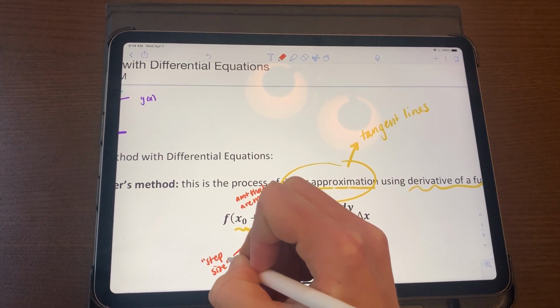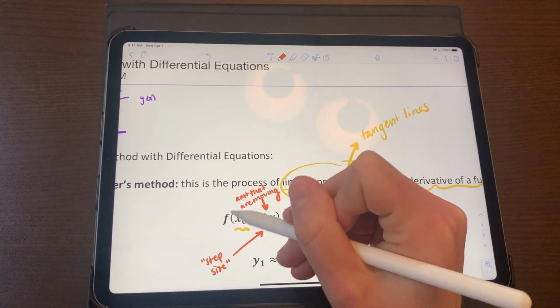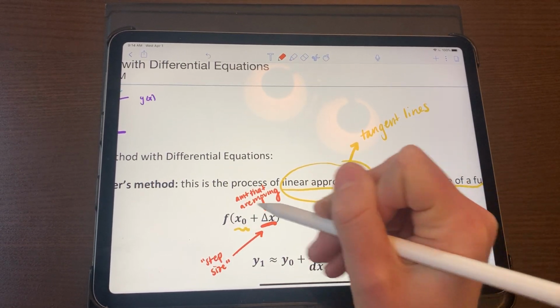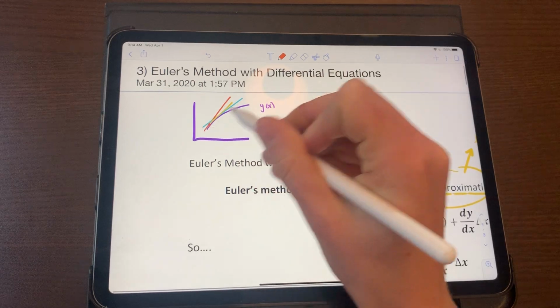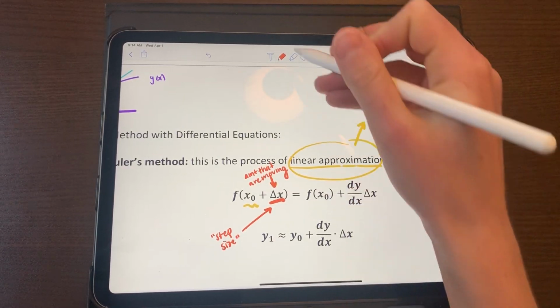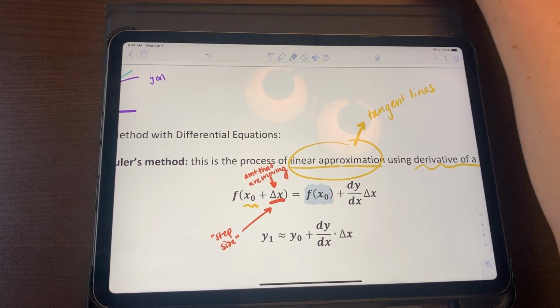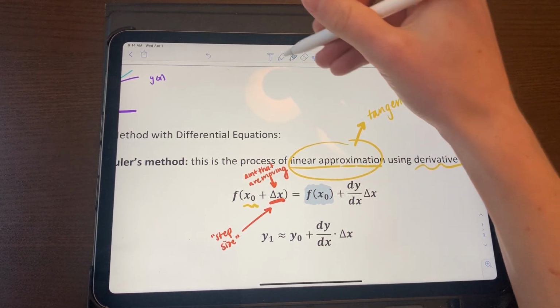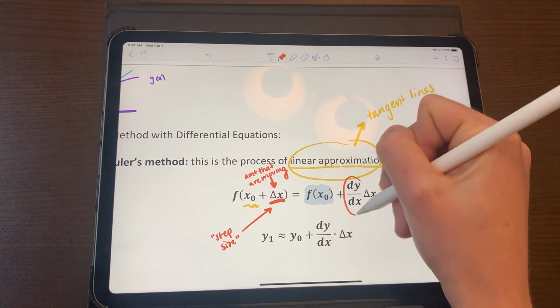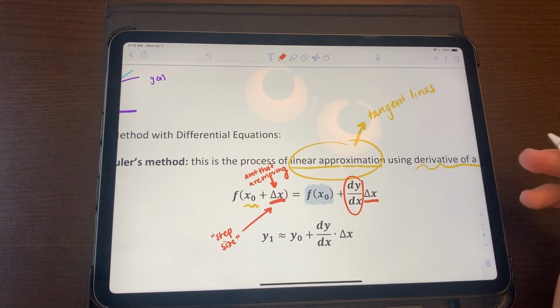And how we're going to get the function's value at the new dot, so for example, on the blue, we had a new dot there, is by taking the original f of x sub 0 and adding onto it the slope times the step size.